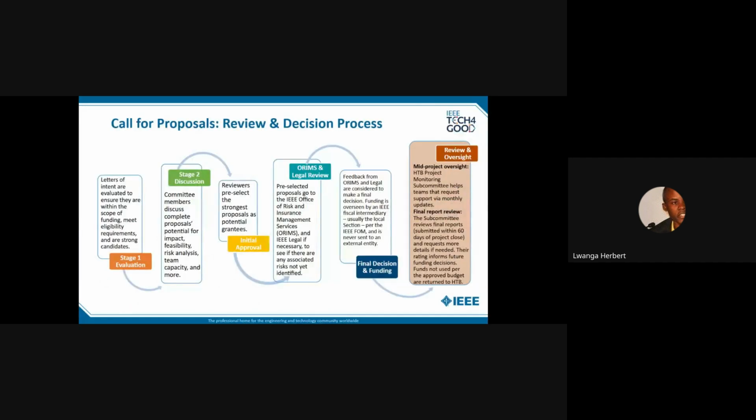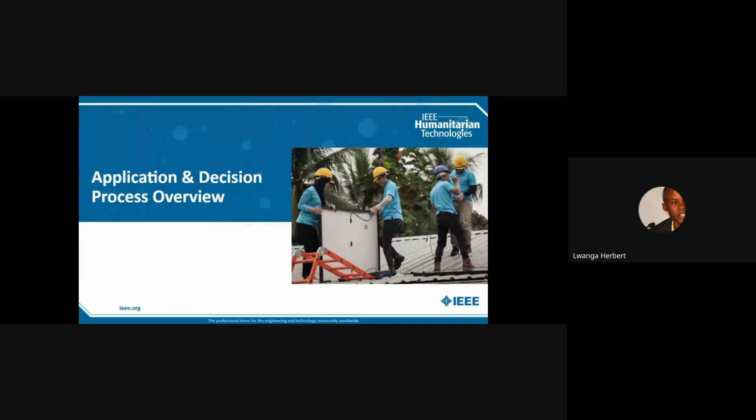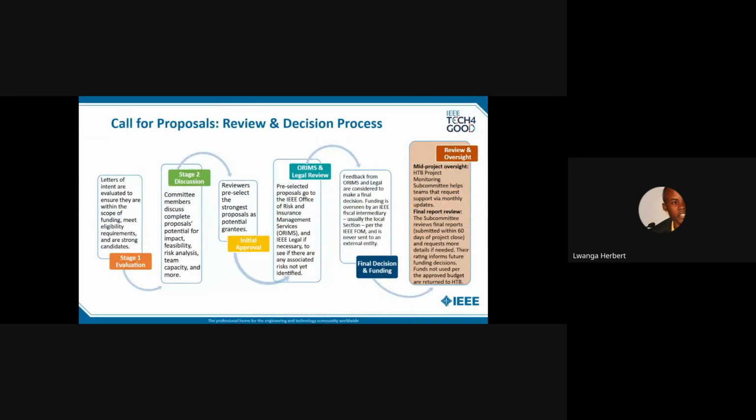So I'll proceed to the application and decision making process once you submit your proposal. A call for proposals usually has different stages, and the review and decision making process also has a couple of stages.